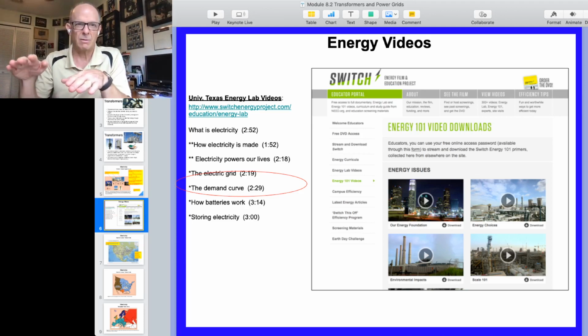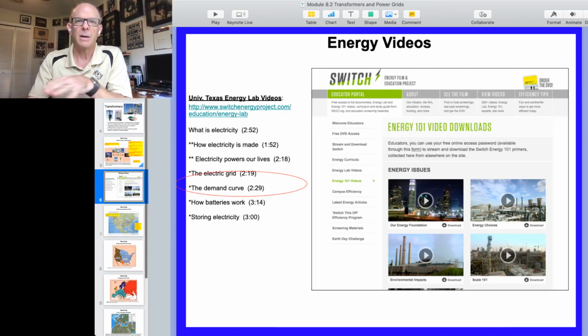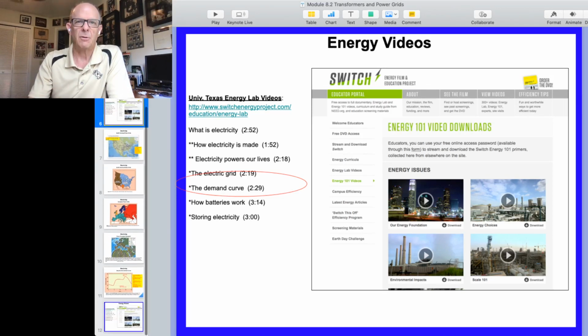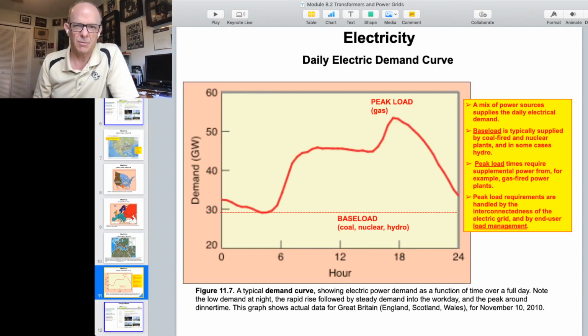If it's wind, sometimes the wind isn't blowing. If it's solar, sometimes the weather prevents those from producing. So you have this fluctuating production of electrical power from all those different power plants, but you need an always available supply.